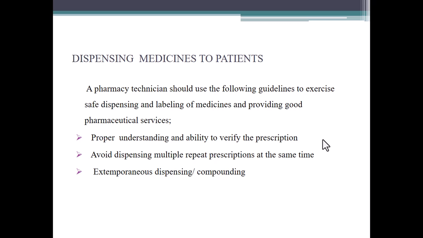Okay, so we see that proper understanding and ability to verify the prescription is very important. If a patient walks in with a prescription, you should be in position to understand and validate or verify this prescription. Because in the process of understanding, you are able to identify maybe drug interactions or any possible adverse drug reactions that may arise based on the patient's history and what you have interpreted or verified in the prescription.